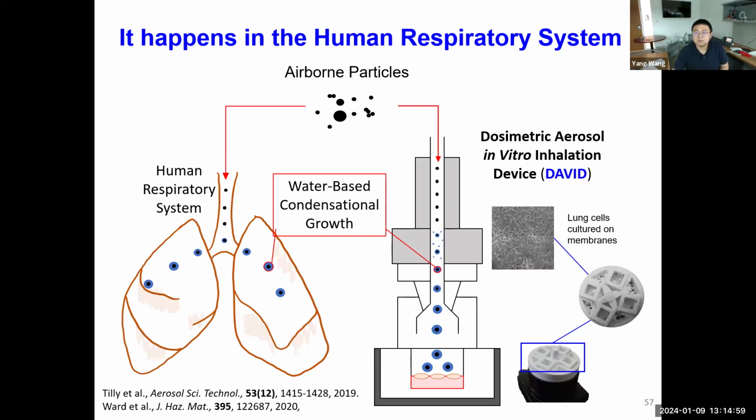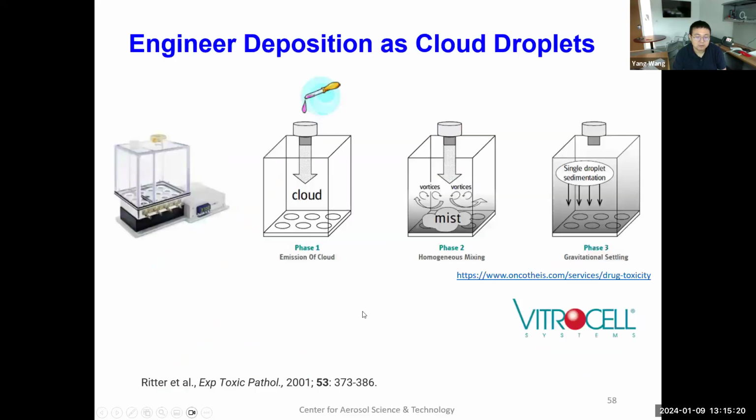So this is where the design of the dosimetric aerosol in vitro inhalation device, or the DAVID, comes into the picture, right? It's mimicking the human lung system, where you grow these particulates and then you can further deposit them onto the cell lines and then understand the toxicology effects of the aerosols.